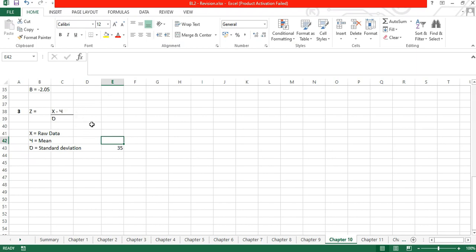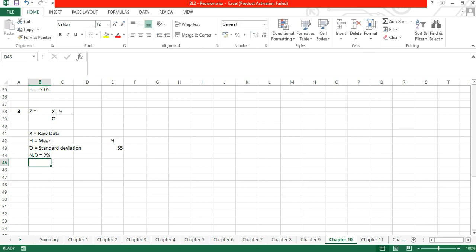That means now the mean we should find, but the percentage is basically not actually the z-score. I would say the normal distribution. Normal distribution is equal to 2%.